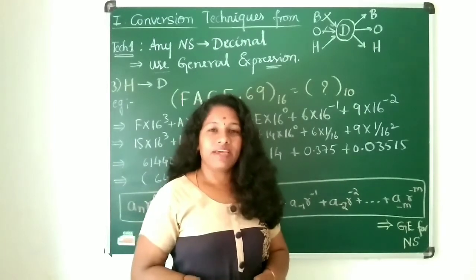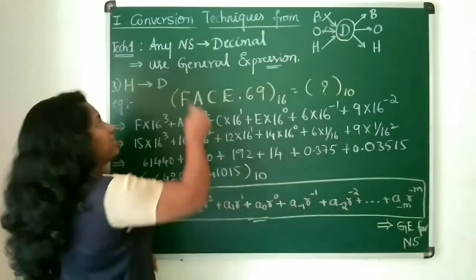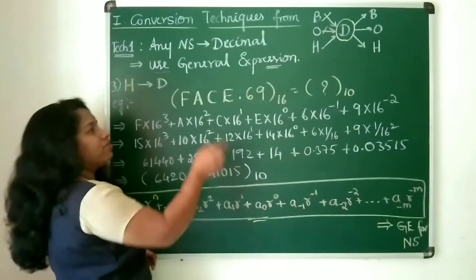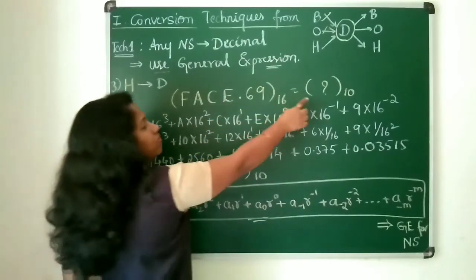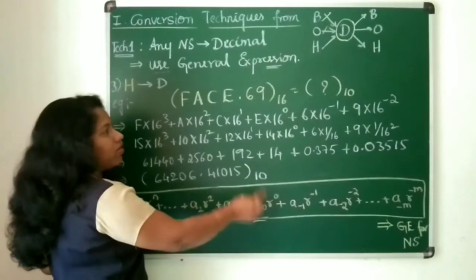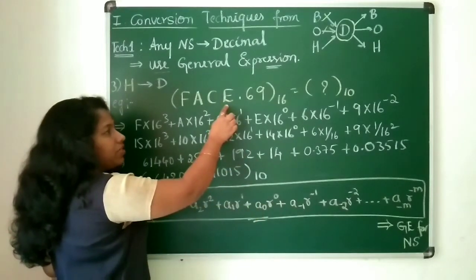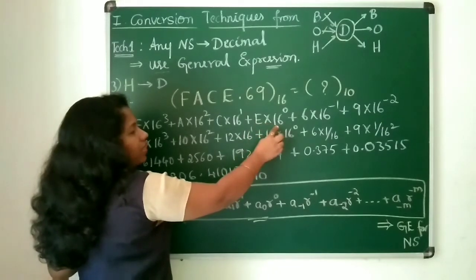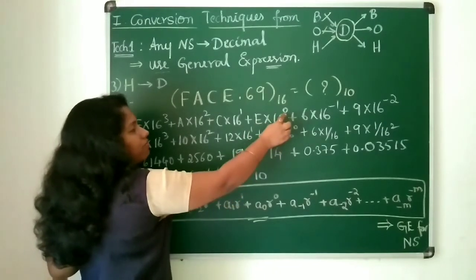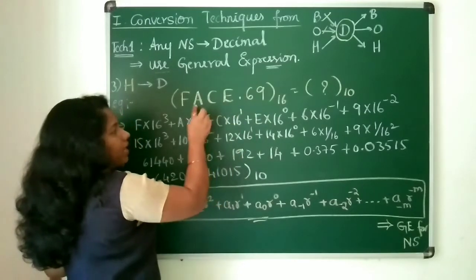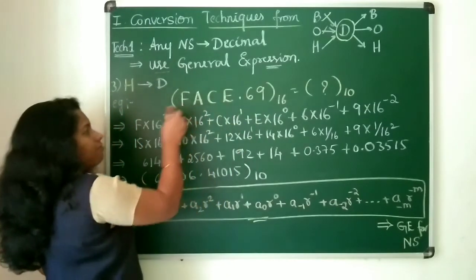Here, we need to use the hint, the general expression. By using the general expression, we can convert hexadecimal number system to decimal number system. As we know, this a0 represents the digit in the unit position that I have written here. E into base value, that is 16 to the power of 0, plus C into 16 power 1, A into 16 power 2, F into 16 power 3.